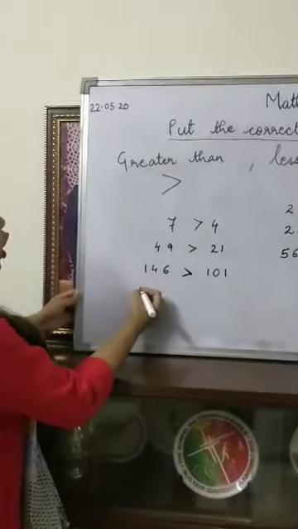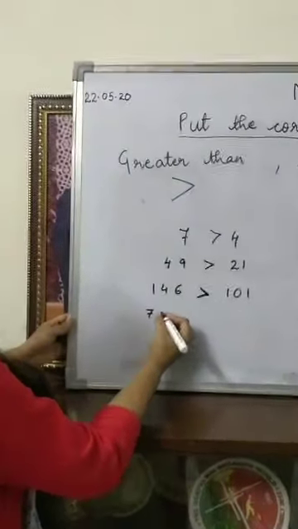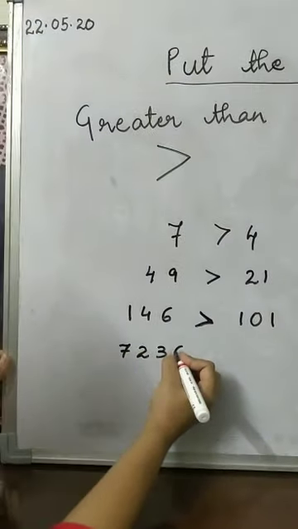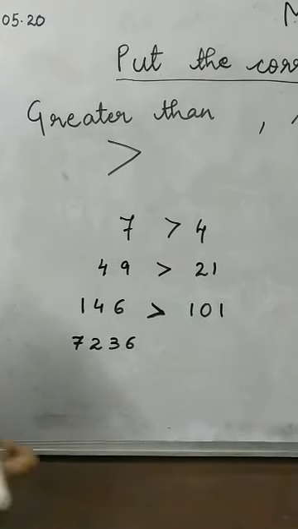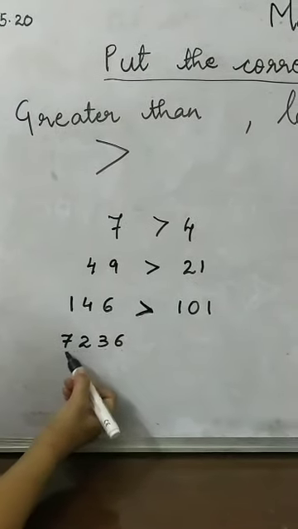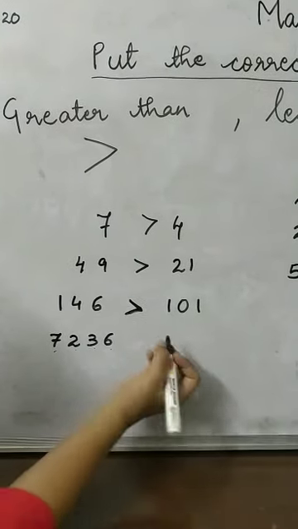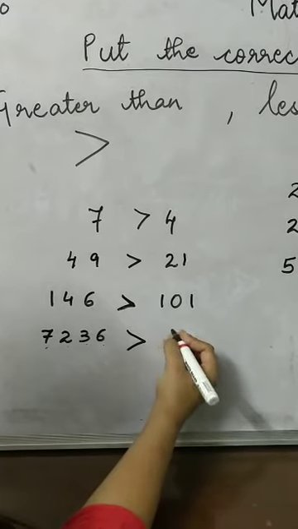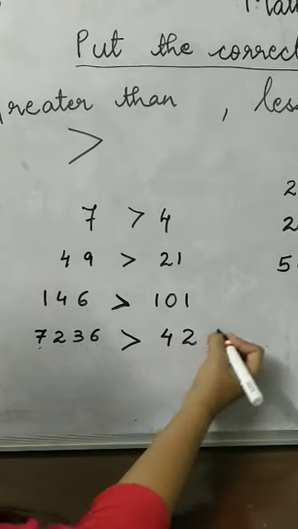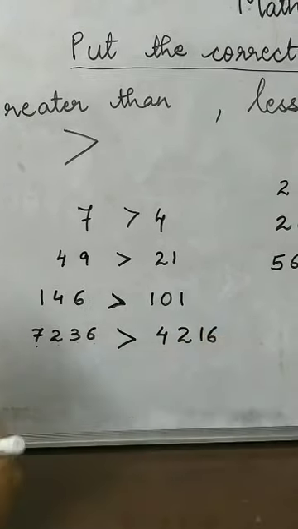For example, 7,236. 7,236 is a 4-digit number: ones, tens, hundreds and thousands. This number is greater than 4,216. Right?